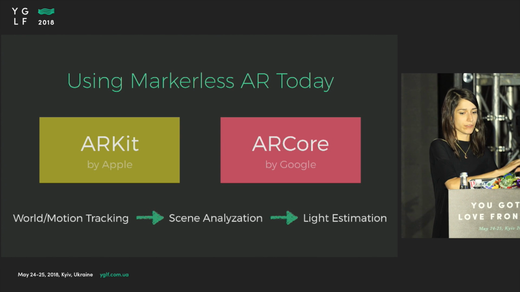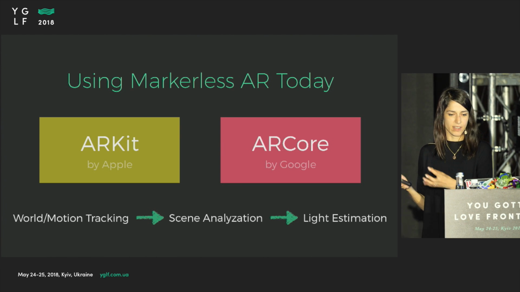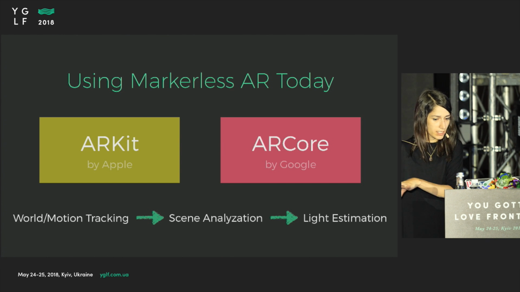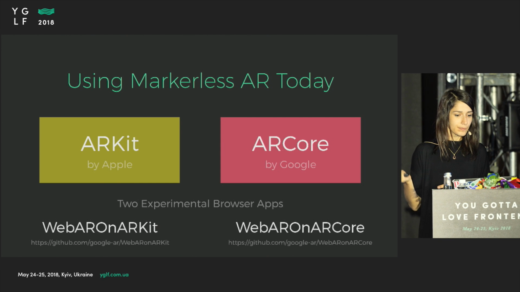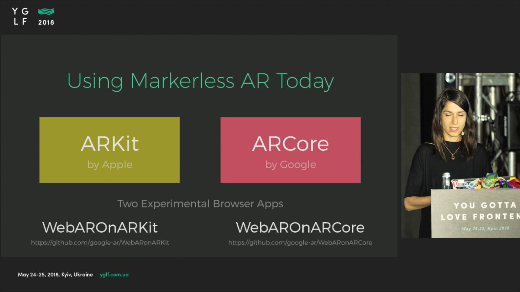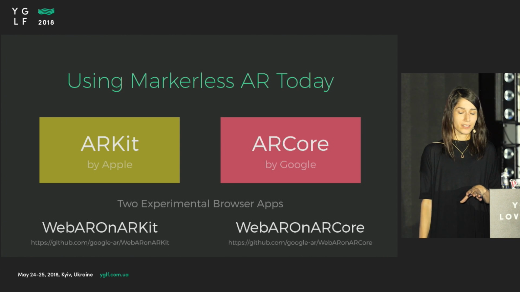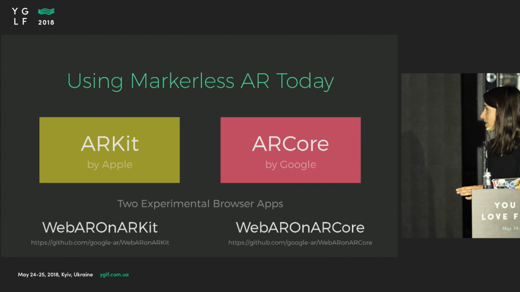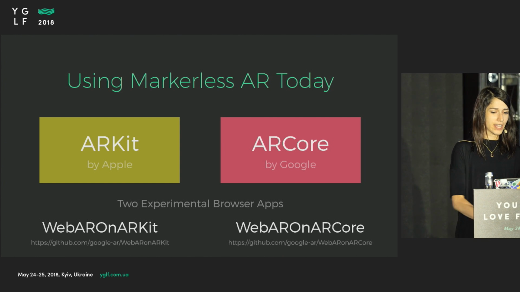They first have world and motion tracking, then a scene analysis or environmental understanding like detecting planes, and then a kind of light estimation. And to get access to these APIs, because there's no browser support, we have to use two special experimental browsers developed only for this use case with the great names WebAR on ARKit and WebAR on ARCore.